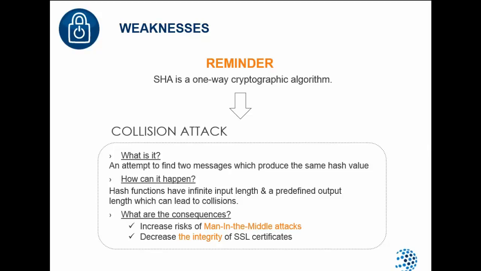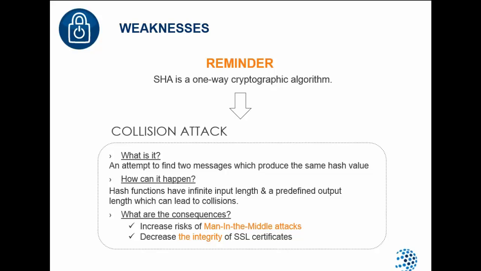I'm going to talk to you about some of the weaknesses. There are all types of different attacks possible on hashing algorithms, but today we're going to focus on collision attacks as an example. When there are infinite input lengths, there's always a predefined output length, so there's always the possibility of two different inputs producing the same hash value.